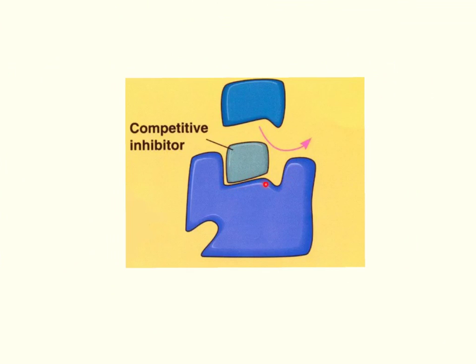Notice that the shape of the competitive inhibitor is very similar to the shape of the substrate. Therefore, it is complementary to the enzyme's active site, which means it can come in, block the enzyme's active site, the substrate can't bind, and no reaction can occur. Another example of complementary shapes, and in this case, it's where an inhibitor can stop an enzyme from working.